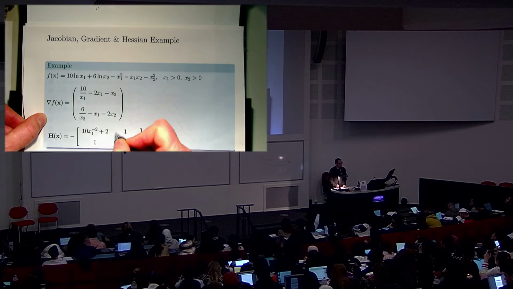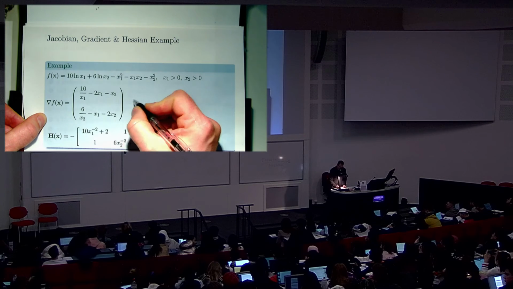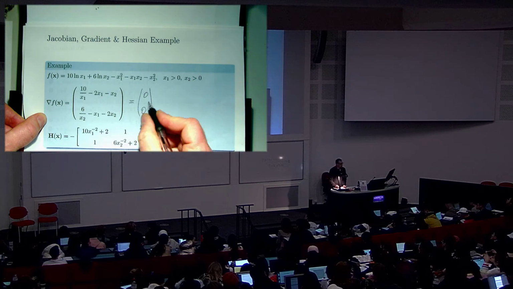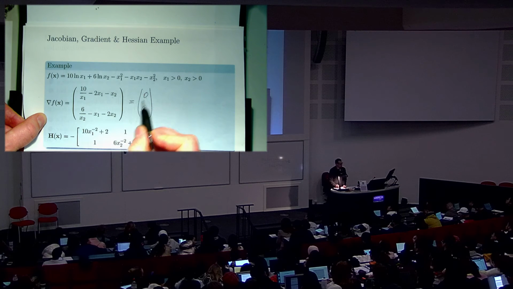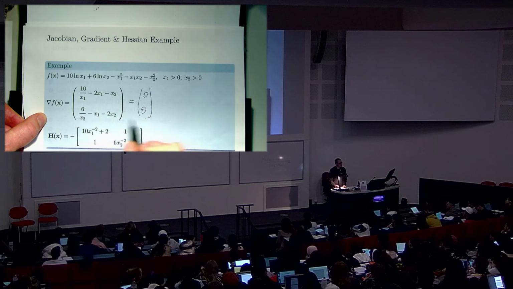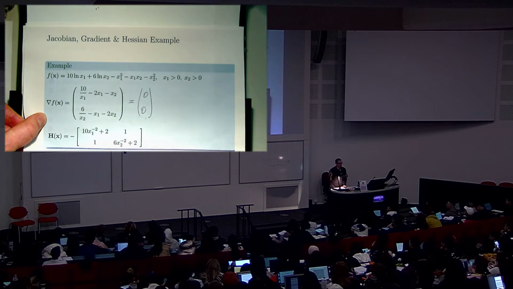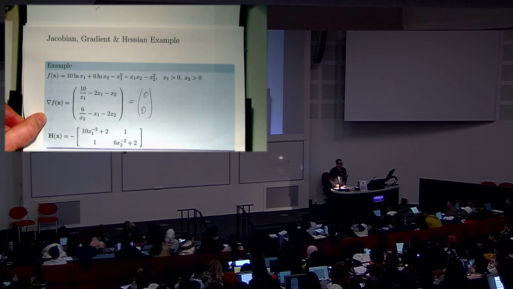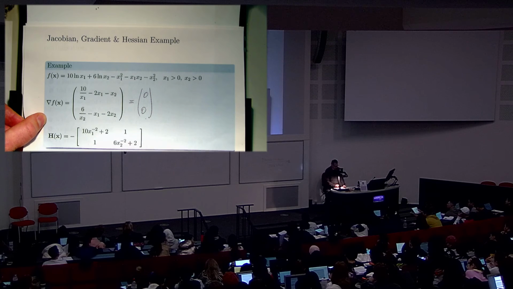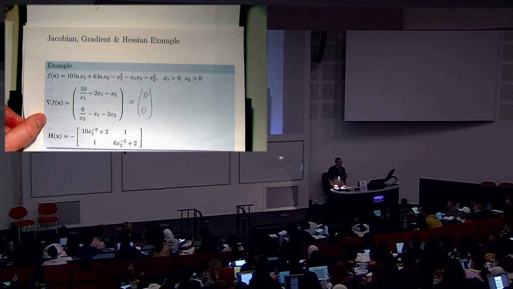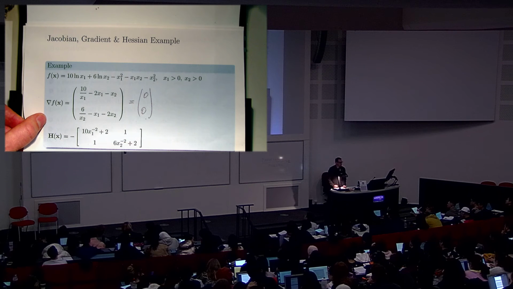It has two elements. So we need to find that value where both these elements are equal to 0. How many equations? 2. How many variables? 2. Can you solve it? Yes. Good. That was the right answer, by the way. So we need to solve a two-equation system for x1 and x2.